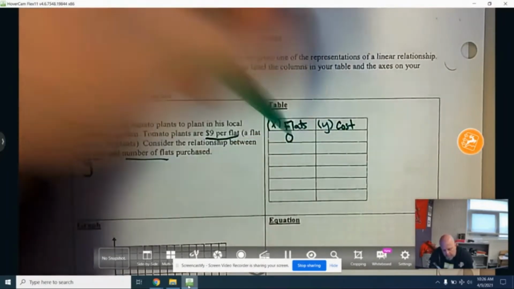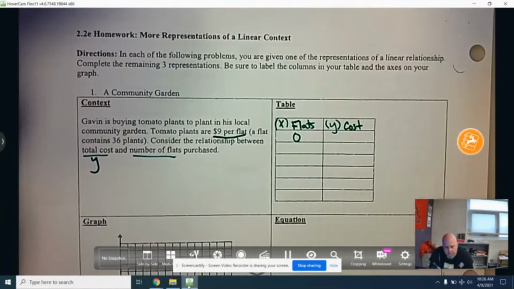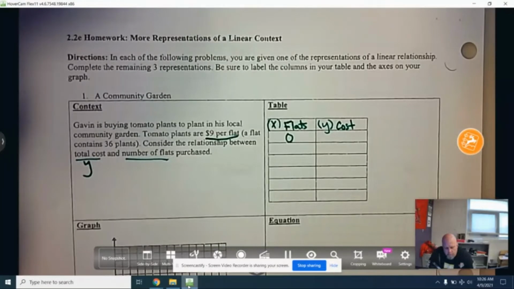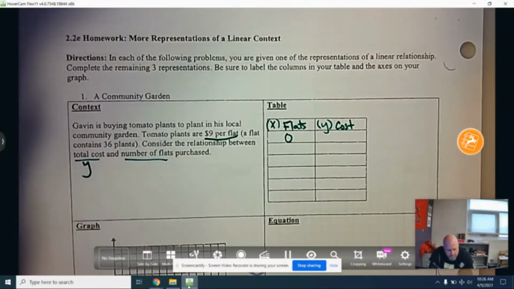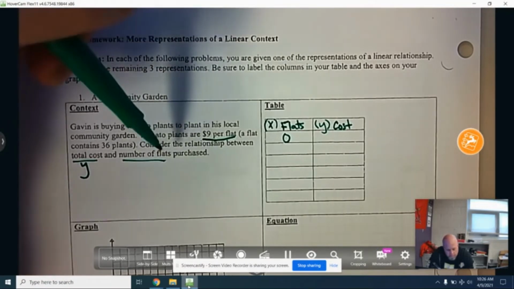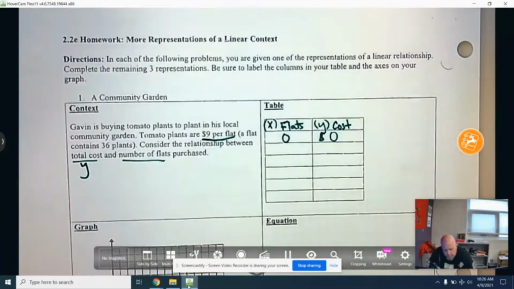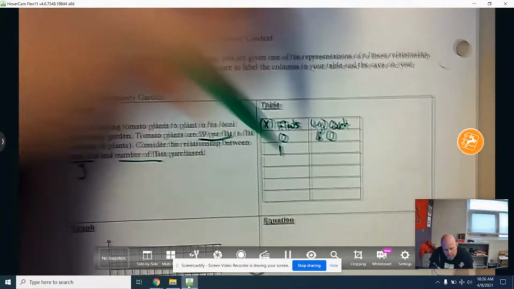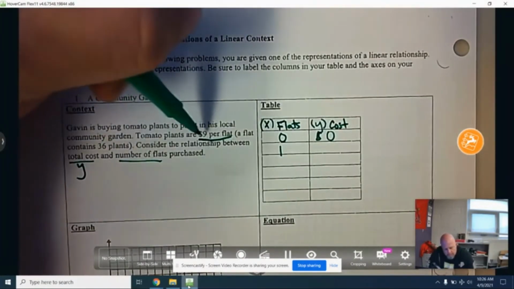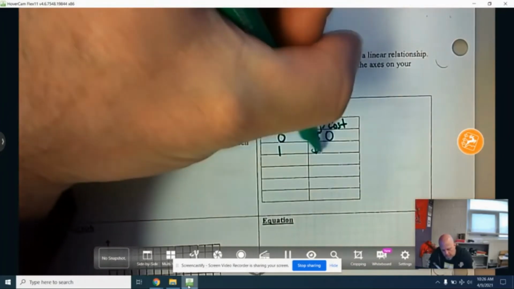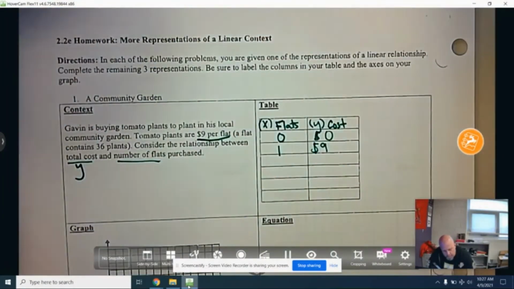I should always put in a 0 because it's important to see how the relationship is when you have 0 of something. If I have 0 flats, how much is it going to cost me? Well, in this case, you're not going to buy anything, so it's going to be $0. If I have 1 flat, $9 per flat, so 1 flat is $9.